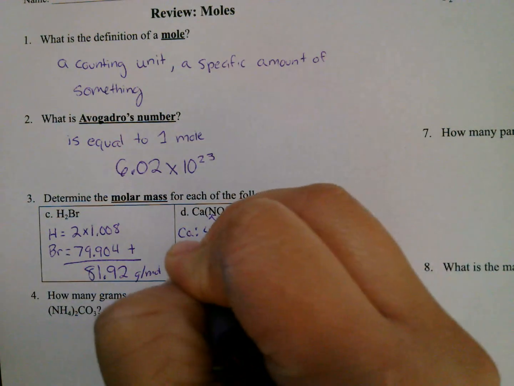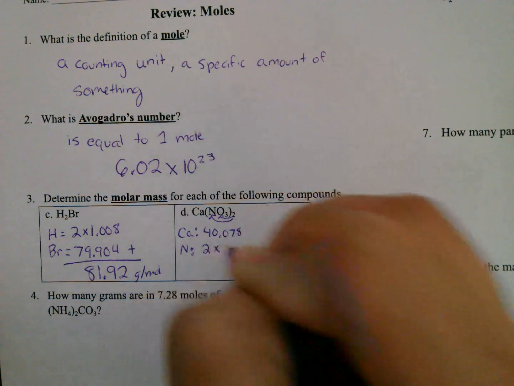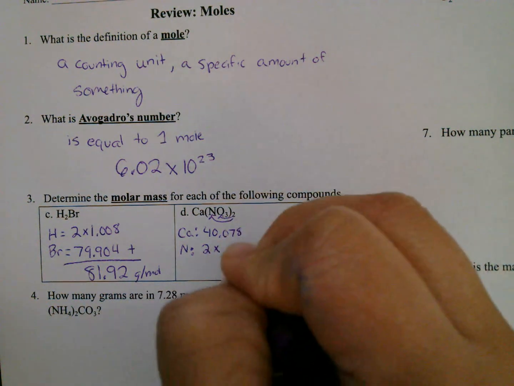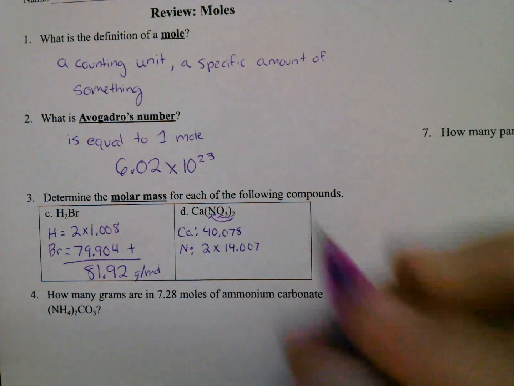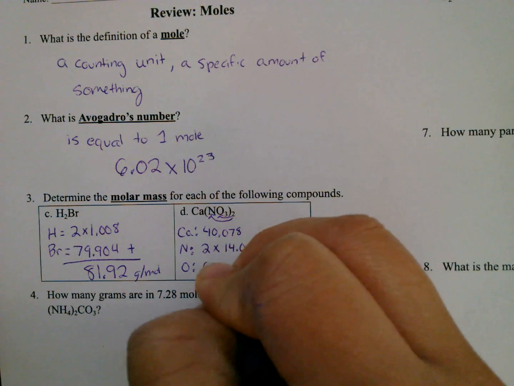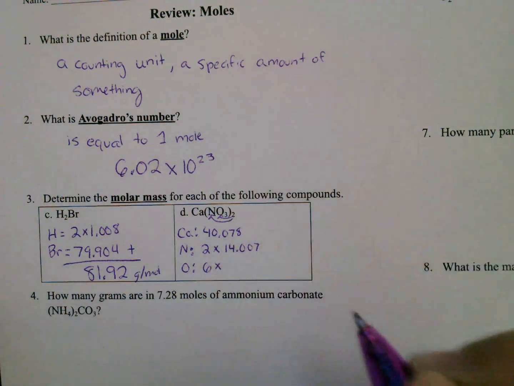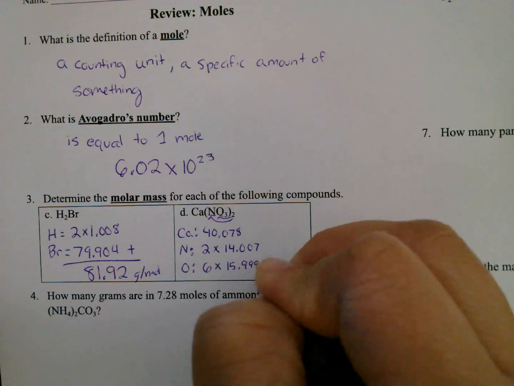The mass for calcium is 40.078. For nitrogen, I have 2, and nitrogen's 14.007. And for oxygen, again, I have 6, and the mass for oxygen is 15.999.